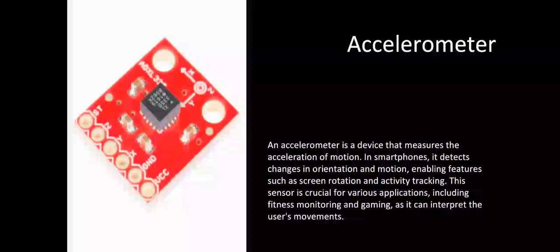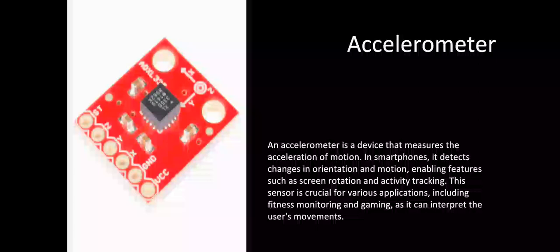First is the accelerometer sensor. In this image you can see the accelerometer sensor. It is a device that measures the acceleration of motion. In a smartphone it detects changes in orientation and motion, and it enables features such as screen rotation and activity tracking.